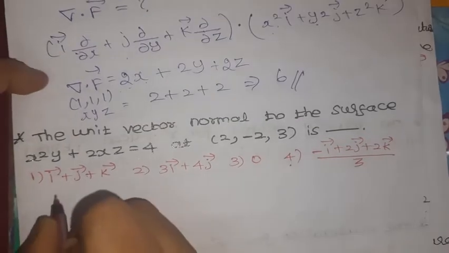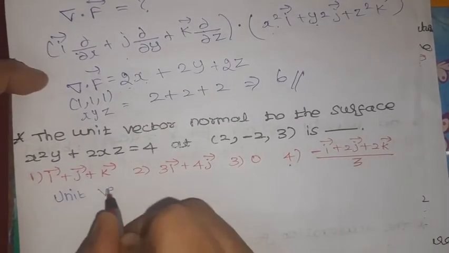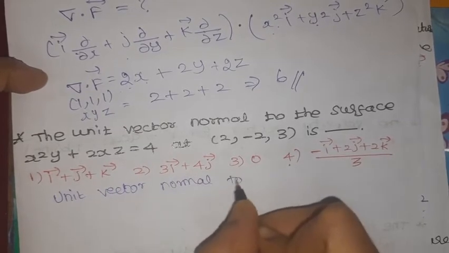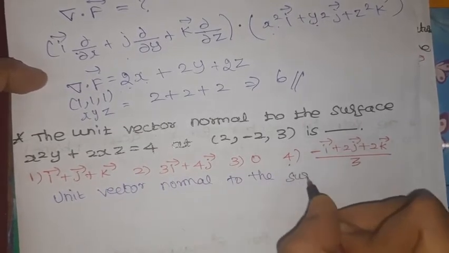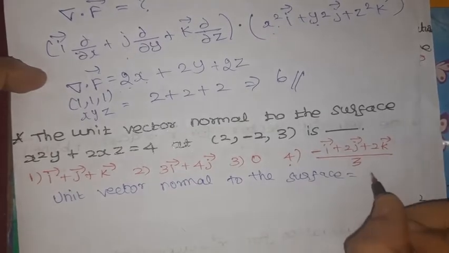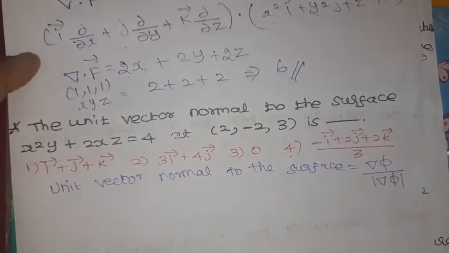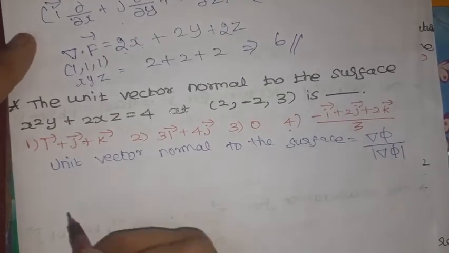Unit vector normal to the surface is nothing but del phi divided by modulus del phi. So find out del phi and its magnitude.